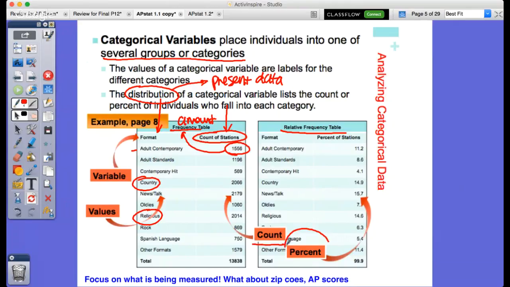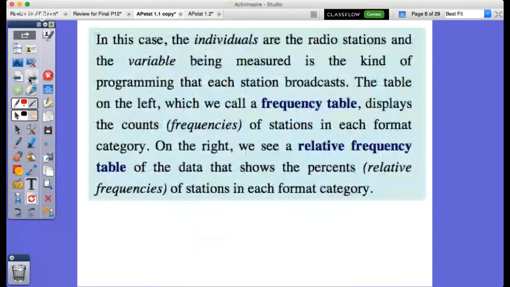Whereas over here, a percent, we relate that to a relative frequency. So 11.2% of the radio stations are adult contemporary. You'll notice the news talk, 15.7%, and so on and so forth, okay? That's how we would write that out.